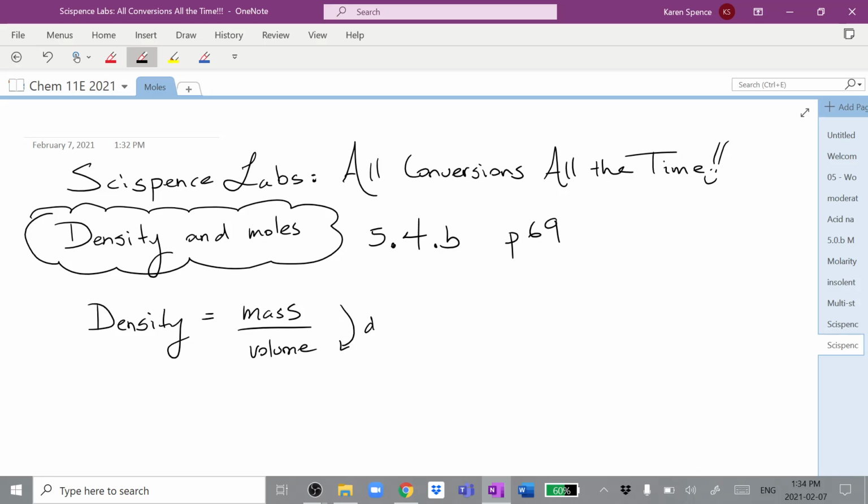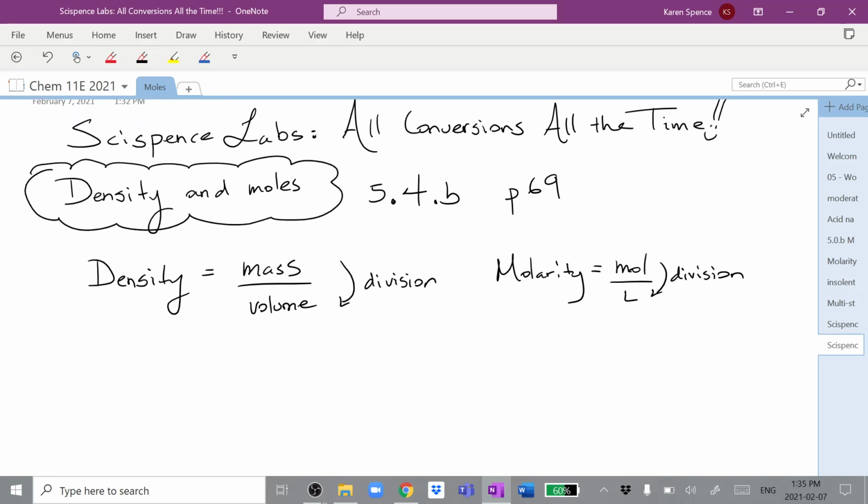Okay, that is a division. Just remember, just like molarity was a division. You took the moles divided by the liters, that is a division. But just like molarity could be used as a conversion factor, density can also be used as a conversion factor.